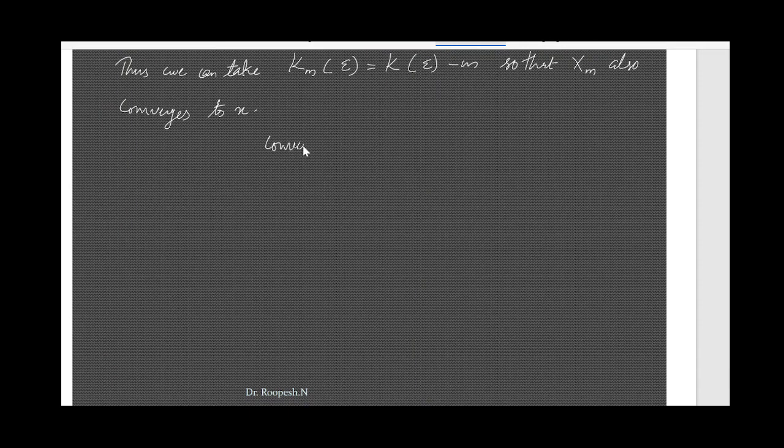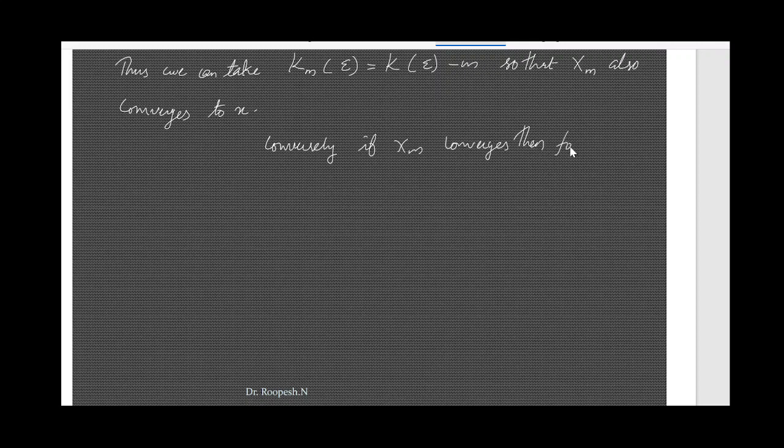Now we want to prove the converse part. Conversely, if xm converges, then for a given epsilon, we have modulus of xk minus x less than epsilon for k greater than or equal to km of epsilon.